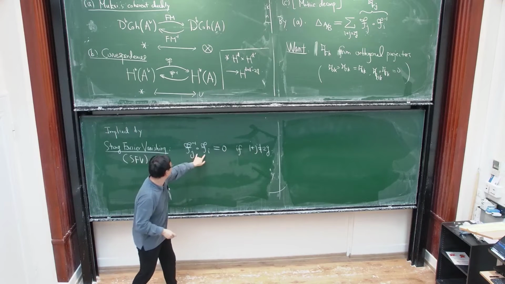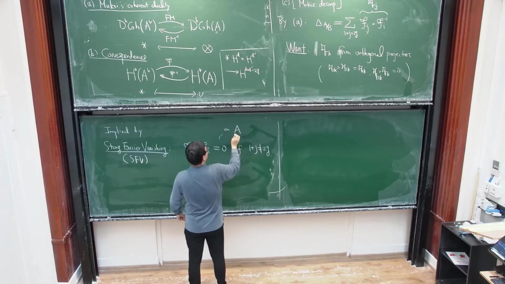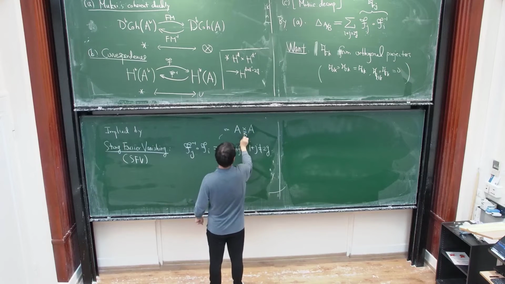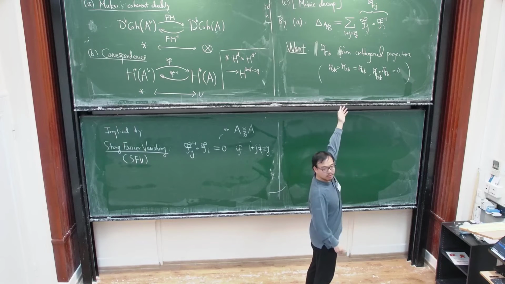Once you have this, these are the cycle relations on A cross A over B, then you get that these Qk form the projectors.